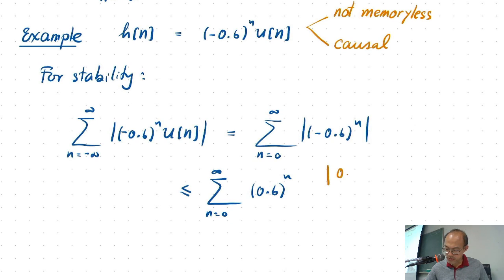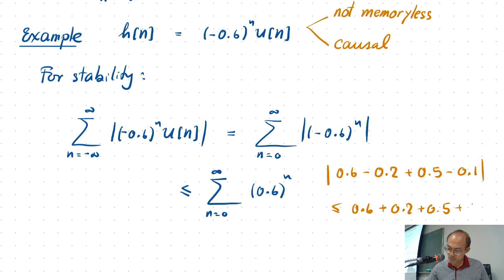If I have 0.6 minus 0.2 plus 0.5 minus 0.1, this is less than or equal to 0.6 plus 0.2 plus 0.5 plus 0.1. Are you convinced now?